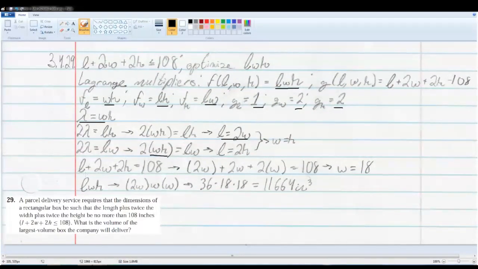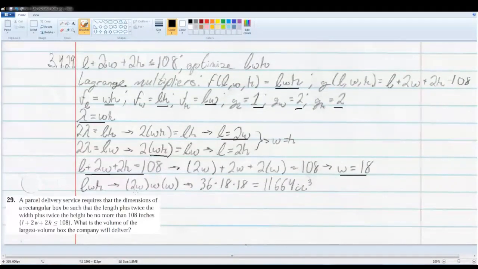So plugging those back into our constraint function, I got that the maximum point will be at width equals 18. And I just solve from there because we have length equals 2 times width and height equals width.